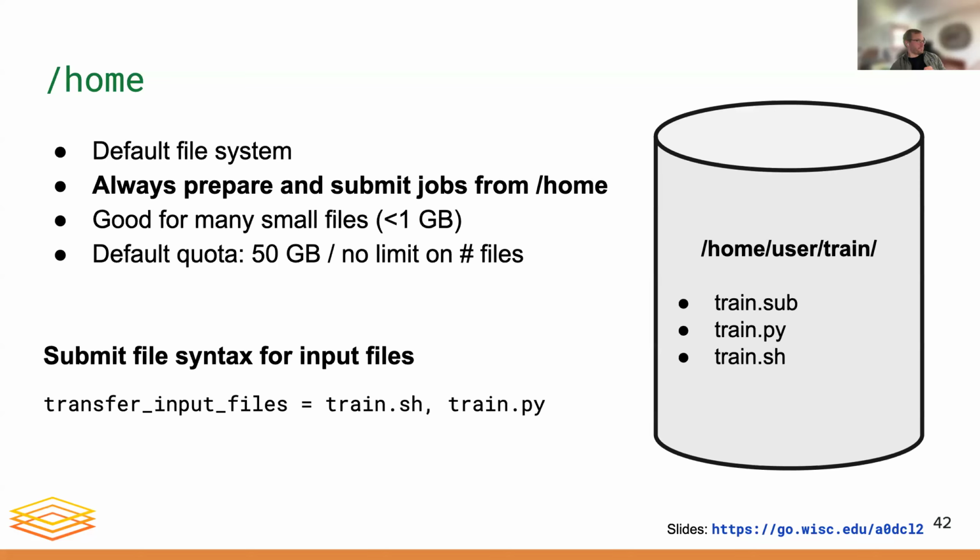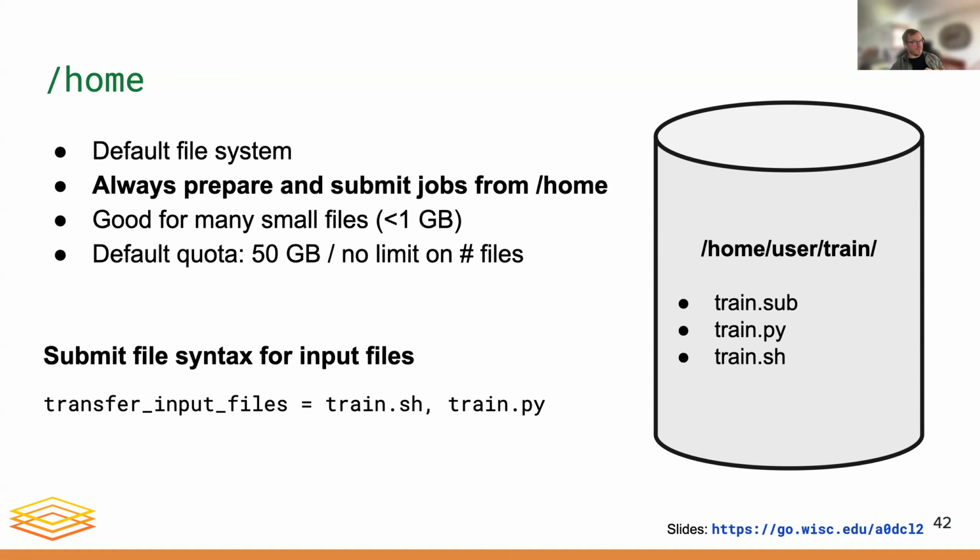So what lives in home? This is the file system that you're interacting with for the most part on the AP. You should always be preparing and submitting jobs from your home directory. Things that you move out of this home directory should be your small files, things that are less than, say, a gigabyte. These are your Python scripts, your wrapper scripts, very small parameter files, very small datasets.